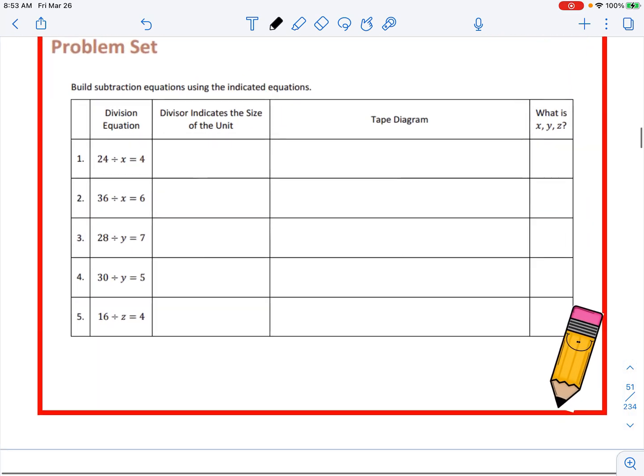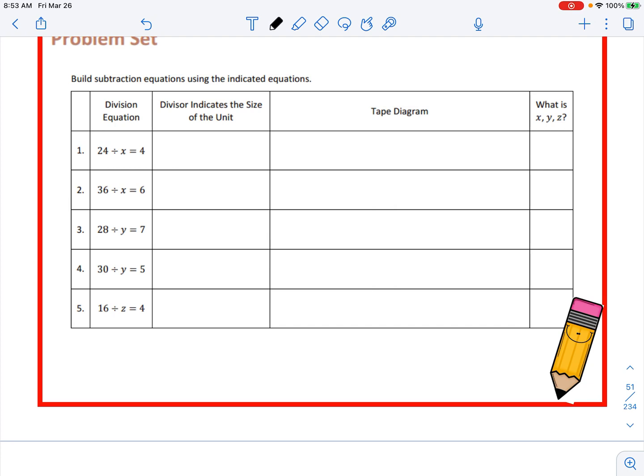All right, guys, let's go ahead and look at the problem set. Okay, the problem set, the first one tells us 24 divided by x equals 4. Okay, now we're going to be using the divisor indicates the size of the unit. So this is when we're subtracting x's.